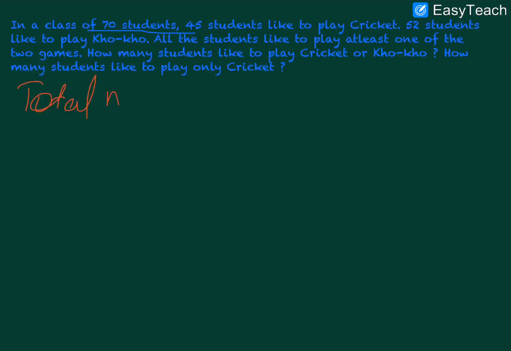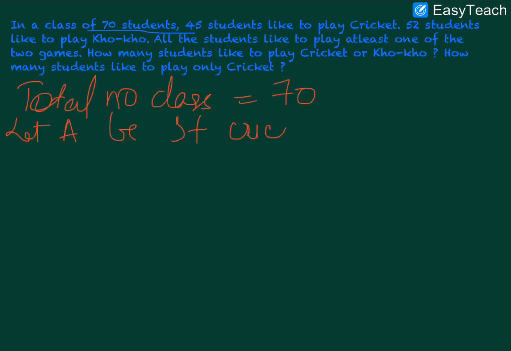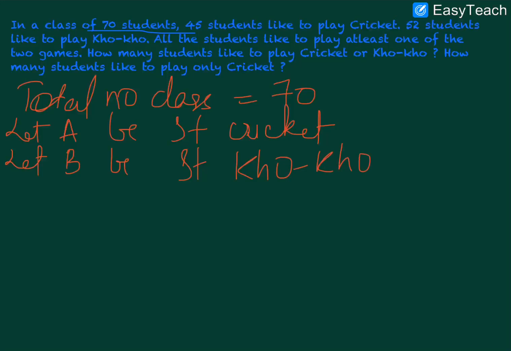The total number of students in the class is 70, and let A be the students who like to play cricket, and let B be the students who like to play coco.